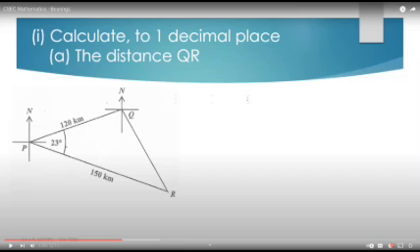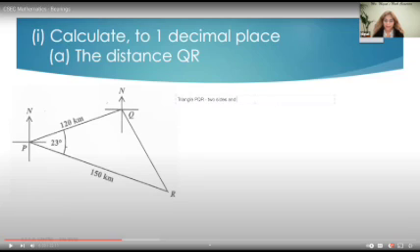Okay, yeah, that's right. What information do we have about triangle PQR? The angle of 23 degrees. We have two sides, and the included angle, or the angle in between the two sides.